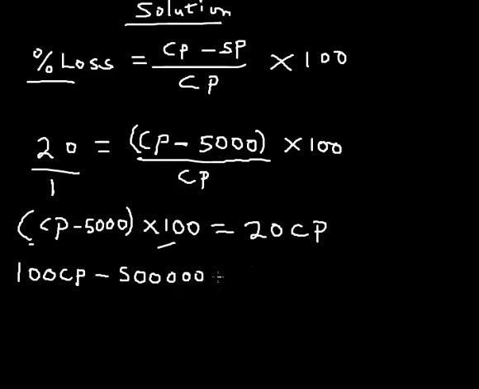So 100 CP minus 500,000 is equal to 20 CP. Rearranging the equation, I'm going to have 100 CP.